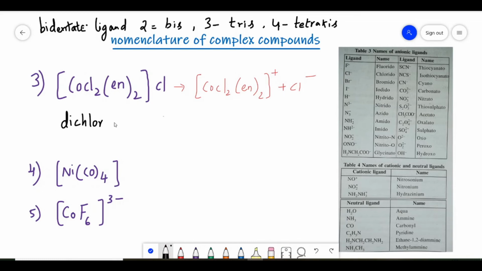Actually it is not chloro, it is chlorido. And this is en, and you have 2 en. En is called ethane 1,2 diamine. There are 2, so we write this as bis, bis ethane 1,2 diamine.